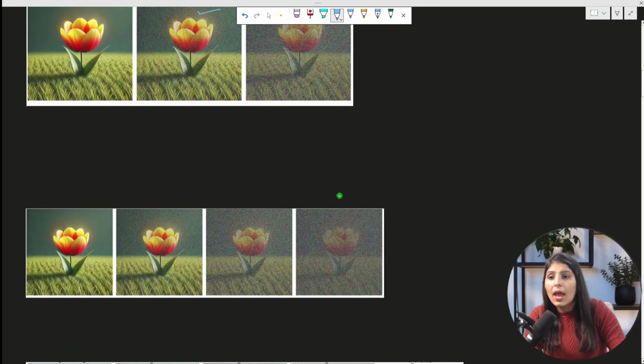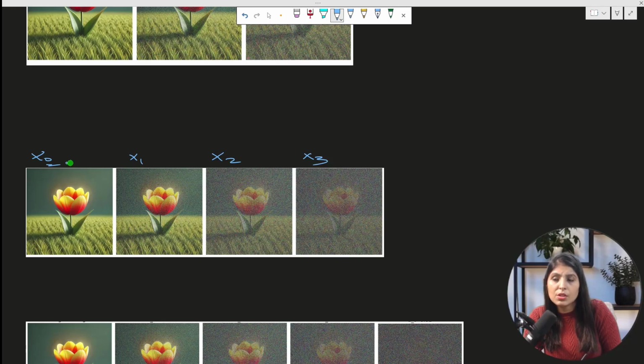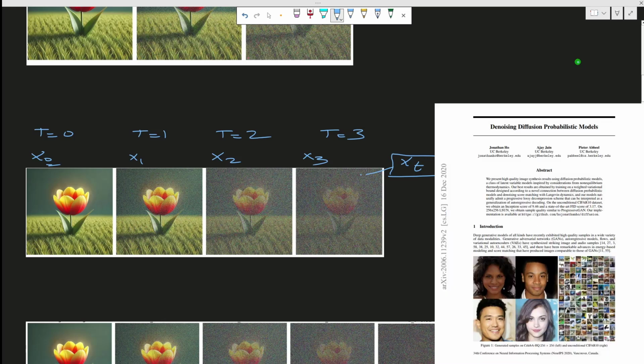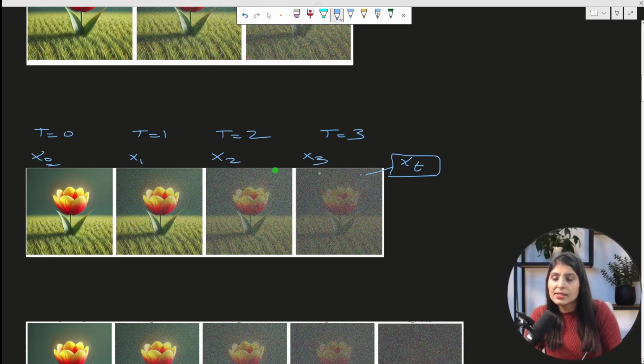All right, and we are starting the index from 0. So this is time step 0, this is time step 1, this is time step 2, this is time step 3. The final image which you will get from the forward diffusion process will be xt. Why are we writing it like this? Because in the diffusion model paper, they have defined the final image from the forward diffusion process as xt.